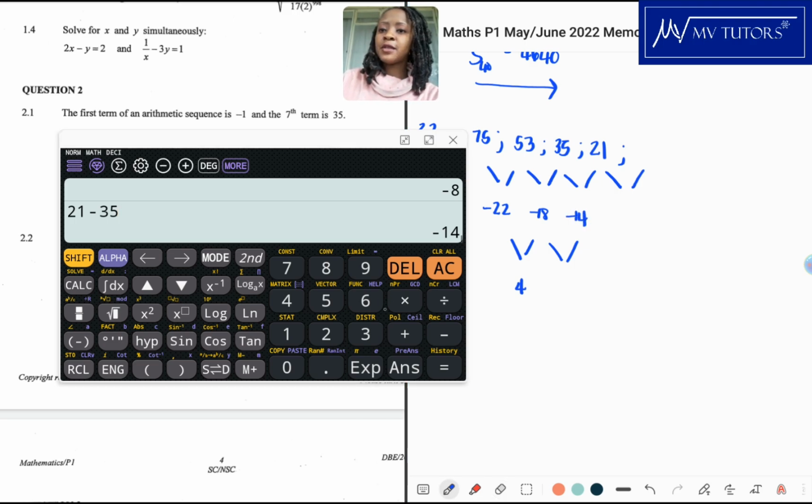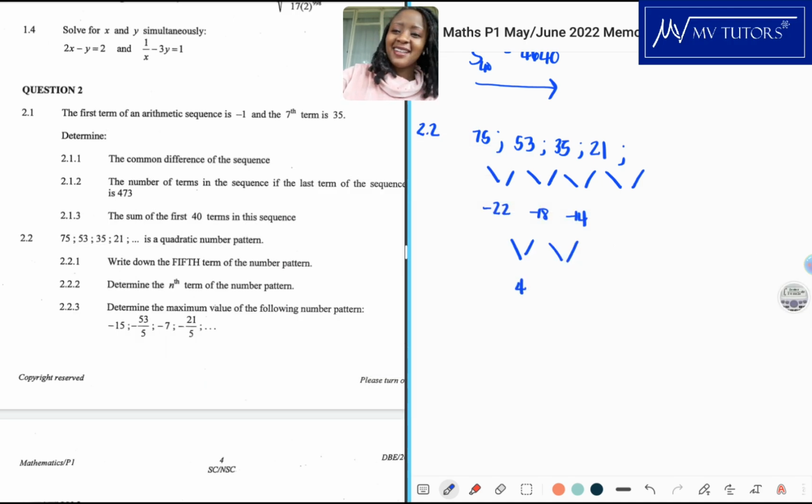So negative 14 minus negative 18, that's 4. So I need to add 4 to get to the next term.